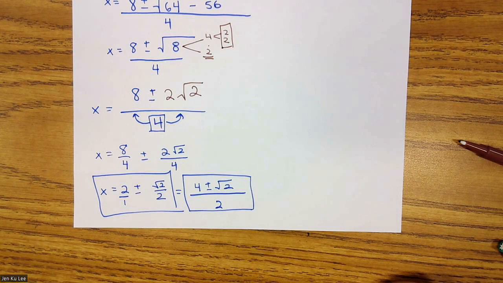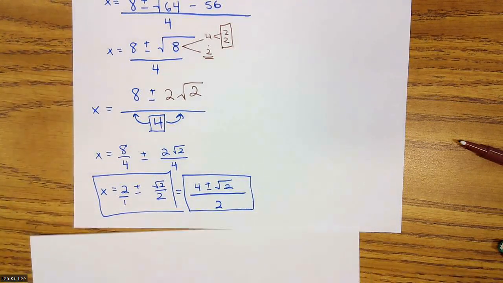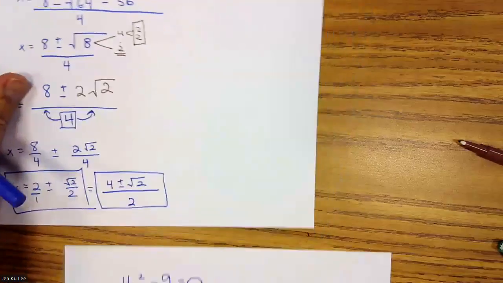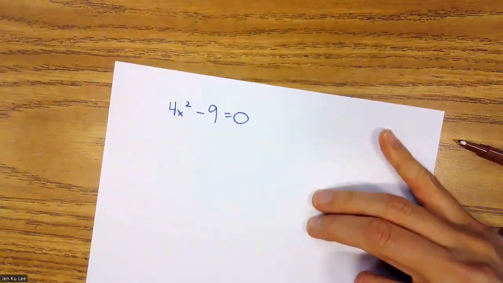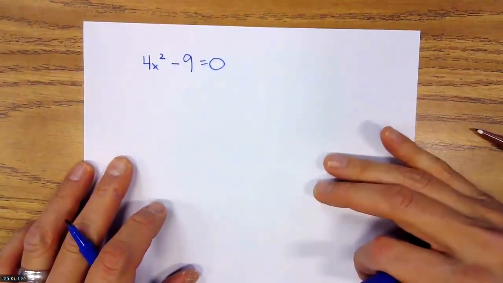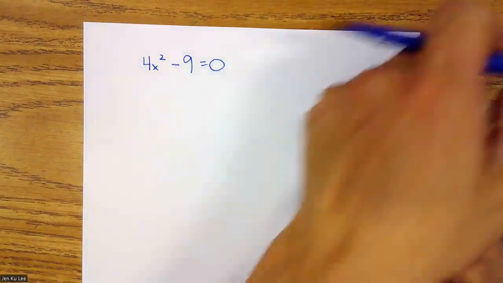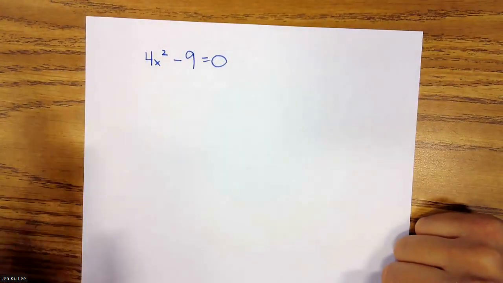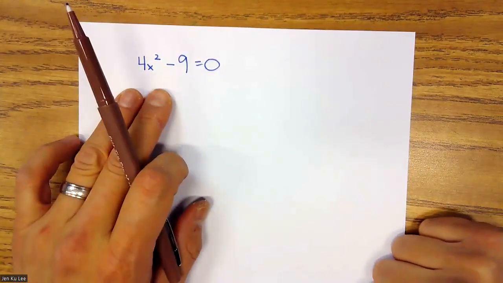When we're solving, okay, and here's another example. We have 4x squared minus 9 equals 0. When we're solving, we actually don't need this special form. This is a special form.